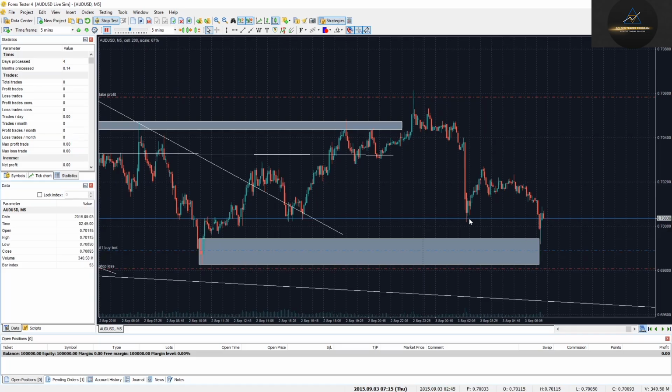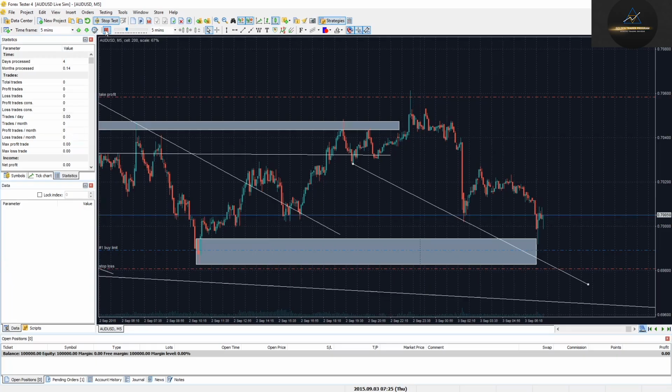So let's just wait, because we might actually be seeing a pattern play out. We might get this tap right here. Let's see. Let's slow it down a bit.